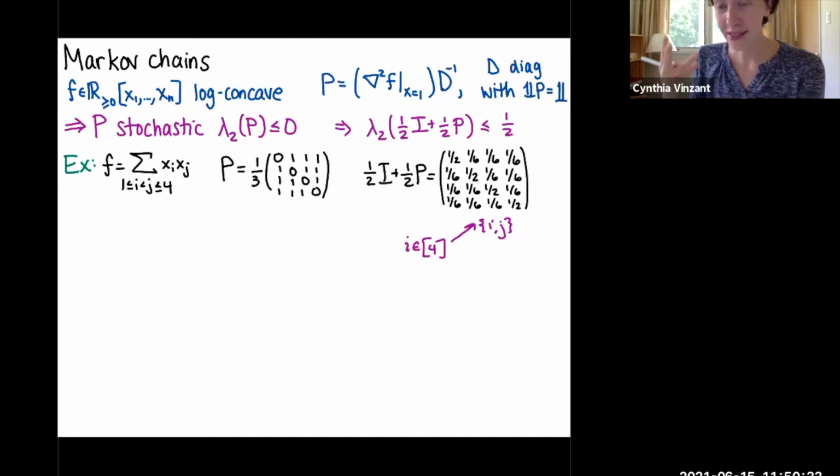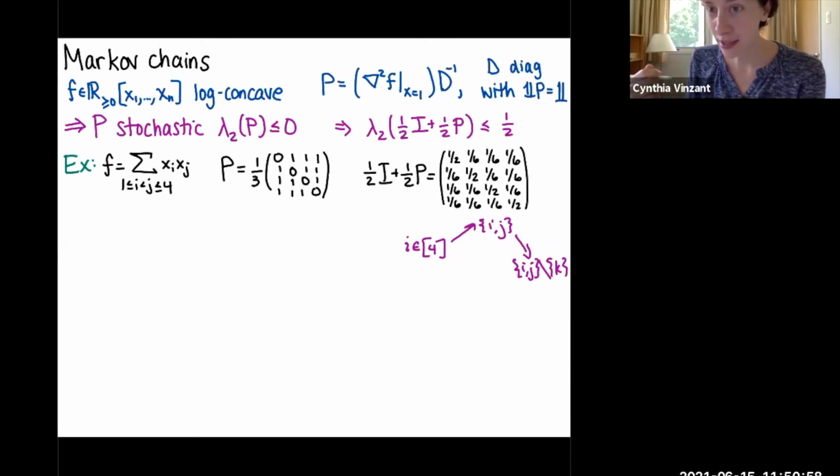And then of that subset of size 2, I can pick one of the two numbers uniformly at random to drop. So this is going to give {i, j}, and I get rid of either i or j. And I claim that this is actually the transition matrix for this walk.